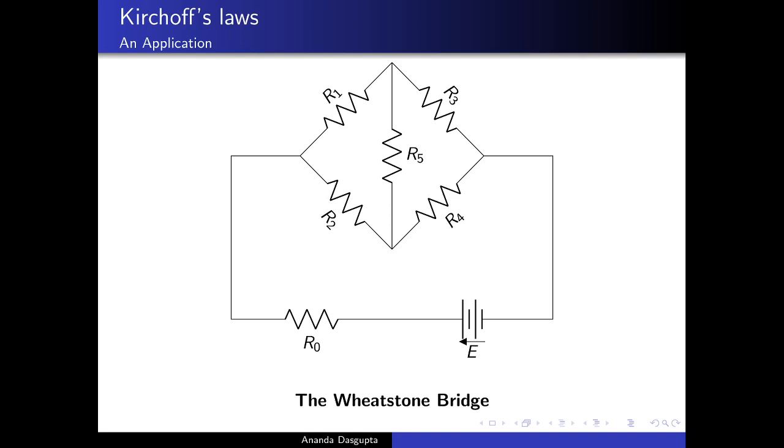There are several ways of doing it, but I'm just going to use plain old Kirchhoff's laws, and right now I'm really not that interested in finding out how much the currents are, but in writing down the equations which will tell you how much the currents are. So we will use Kirchhoff's current laws and Kirchhoff's voltage laws, both.